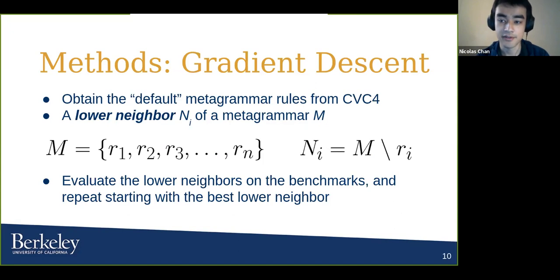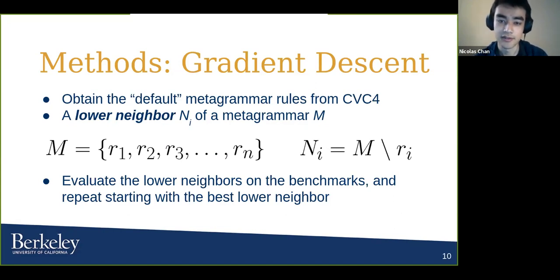CVC4 sometimes does other optimizations, such as for single invocation functions, but when it needs to construct a grammar, we try to trace it out to see what it does. It turns out it creates non-terminals for each data type that's referenced, and then populates these non-terminals with a large set of functions. We call this the default metagrammar.